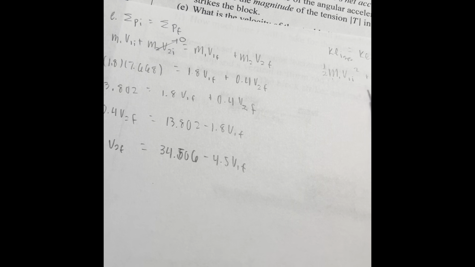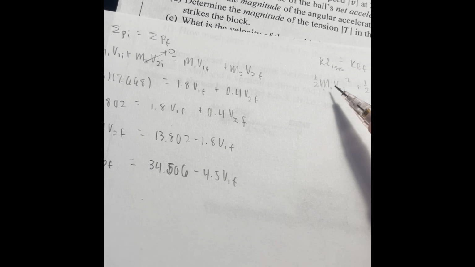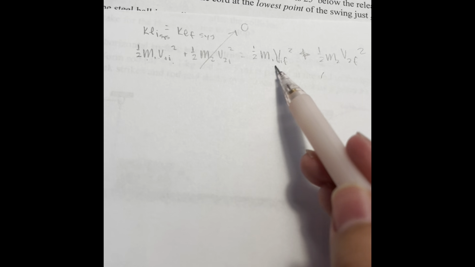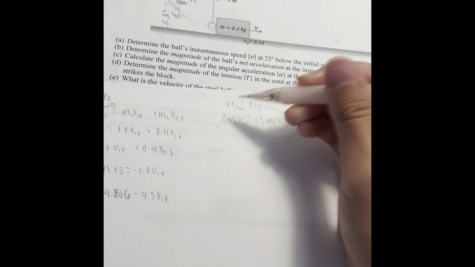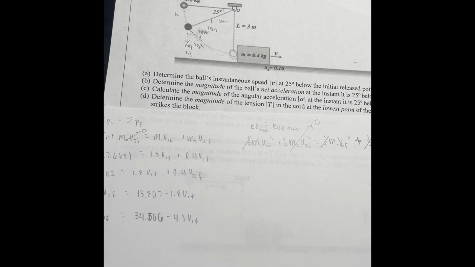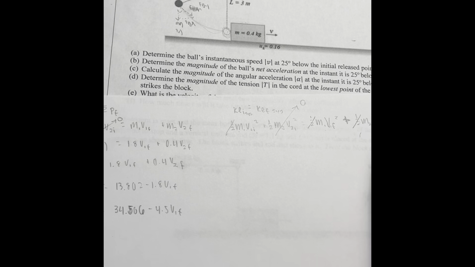First, I'm going to cancel out the 1/2 since it's just a constant and it's all the same. And then I'm going to plug in my masses and then v1 initial.